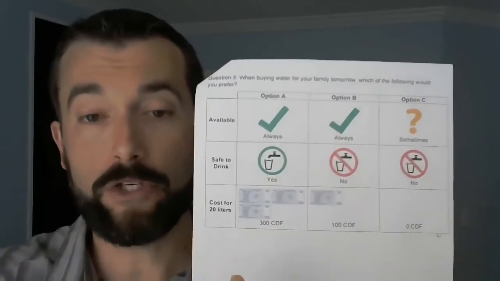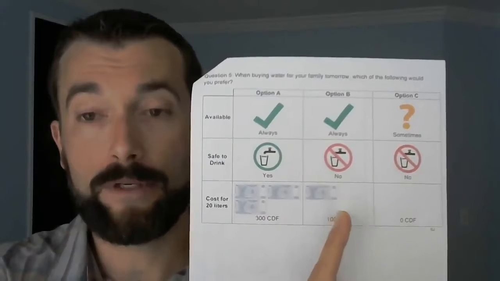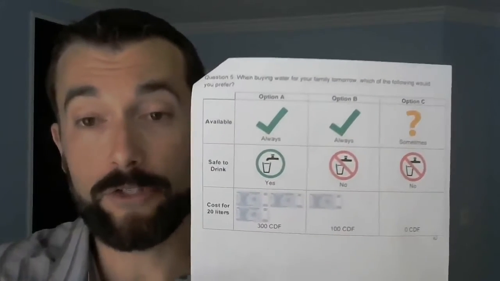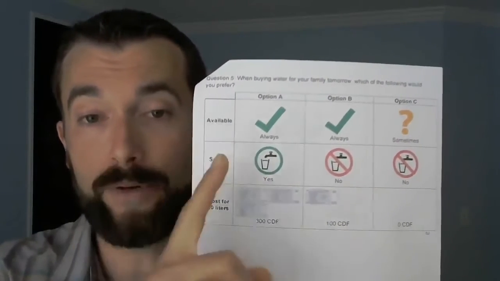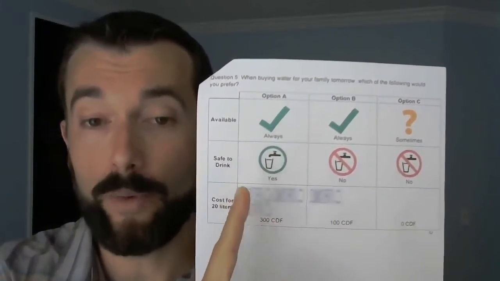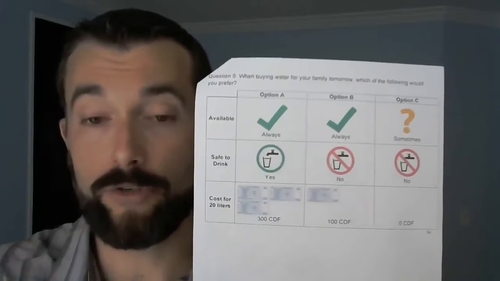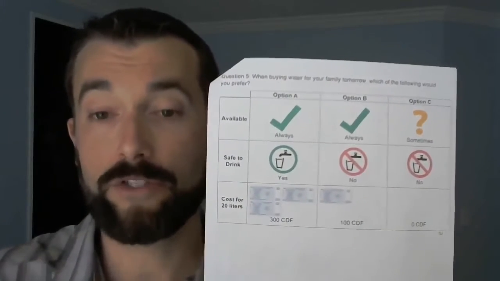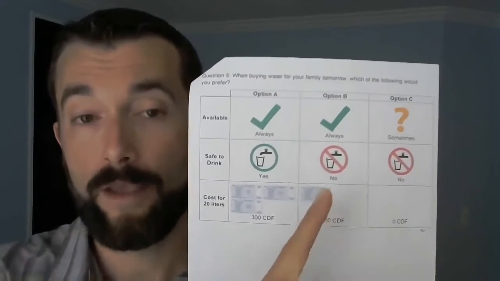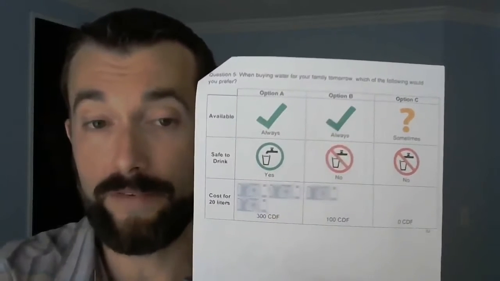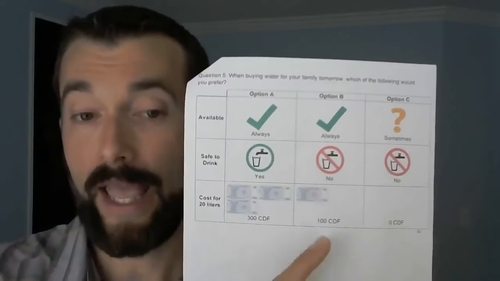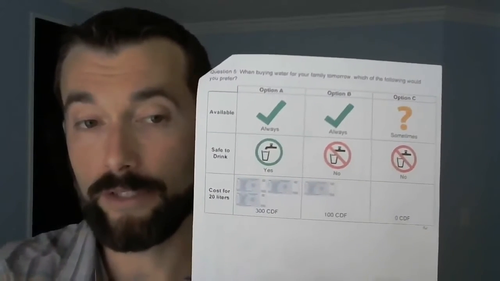You'll see that each option has different descriptors that describe it. Under availability, option A is always available. It's been treated to drink safely. And in this case, it costs 300 Congolese franc. Option B is also always available, but it has not been treated and is a little bit cheaper at 100 Congolese franc.